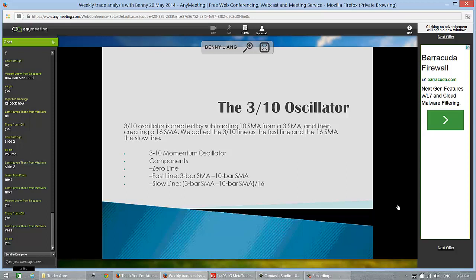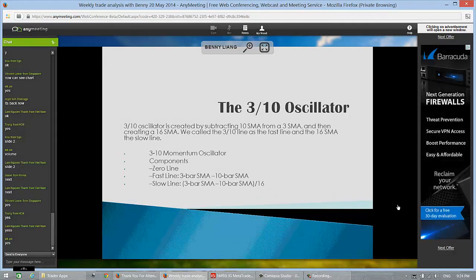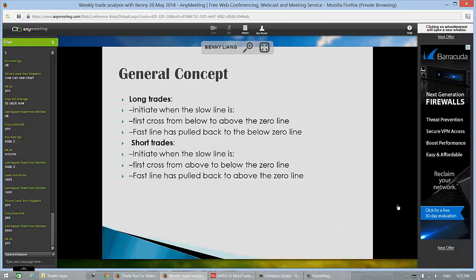Either the green line means it's your fast line. For me, I use a blue line for my fast line. And your red line is your slow line. So basically, the 310 is made up of these 3 components. Now, the general concept when you trade with the 310 is, we will look for long, we will look for buy.